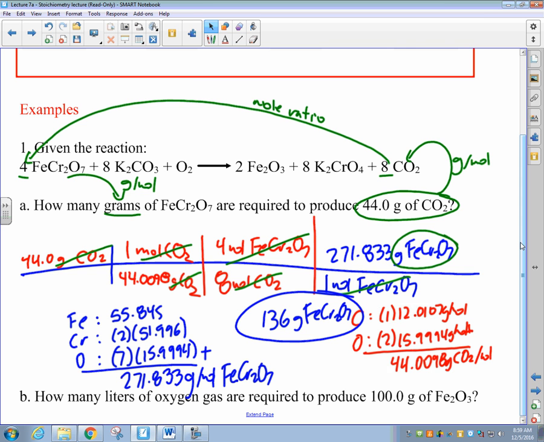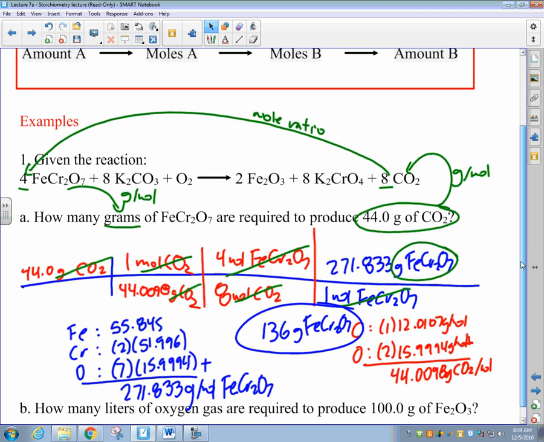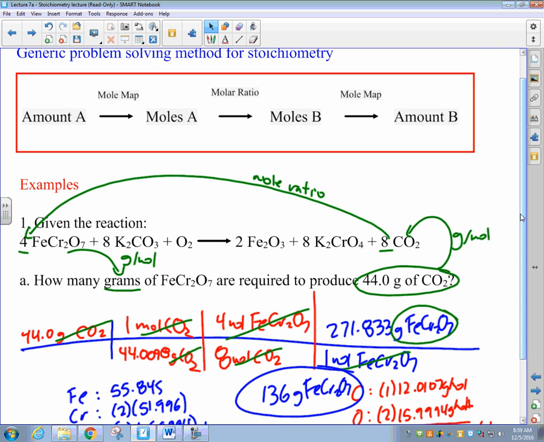All right, so let's take that problem we just did now and generalize the procedural steps that we did there. We started off with an amount of the first substance, which in this case was carbon dioxide gas, right? So you're going to be given an amount of the first species. We'll call it species A. That amount could be in grams, it could be in liters, it could be in a number of molecules, whatever amount you happen to be given.